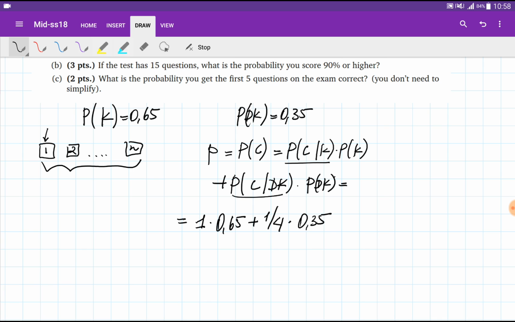So the answer will be equal to 0.7375, right? So roughly 0.74.